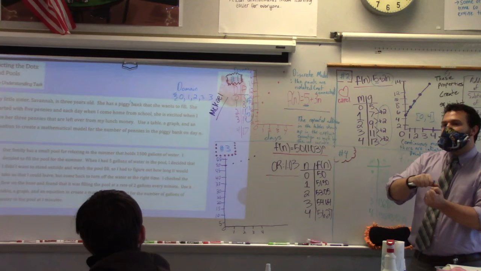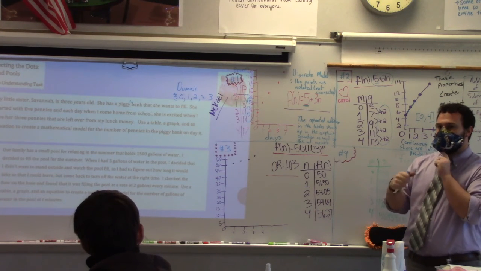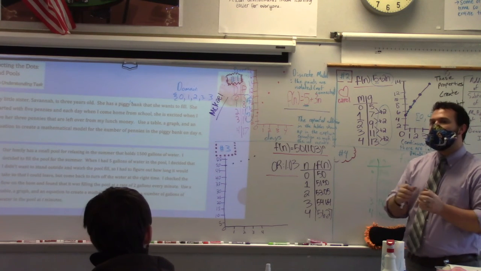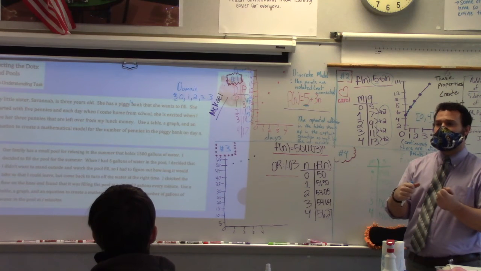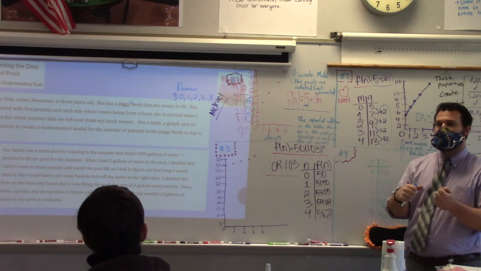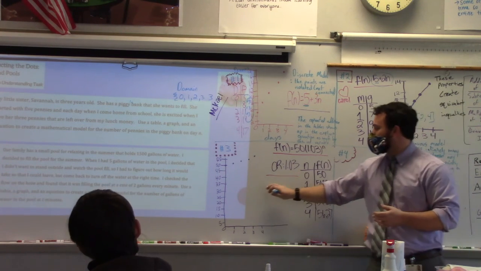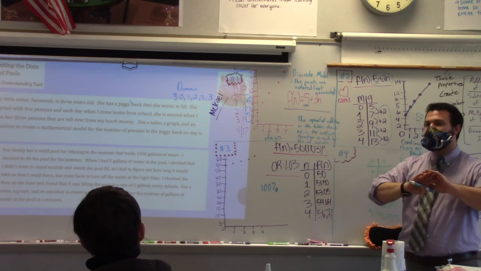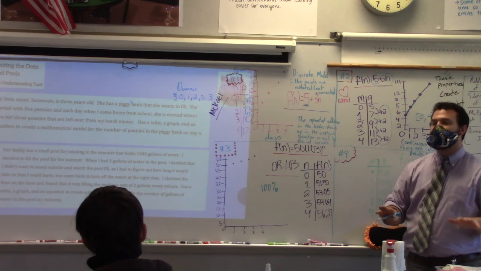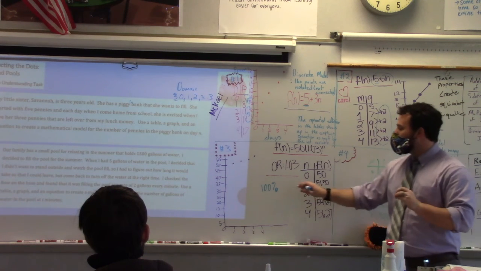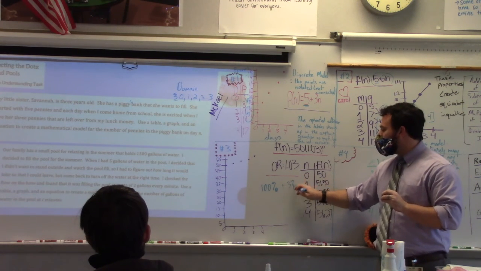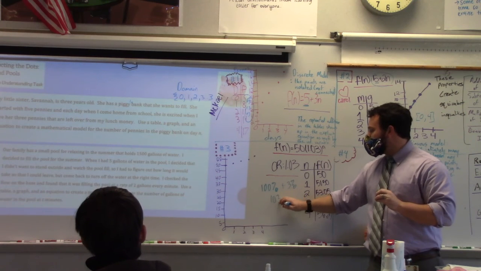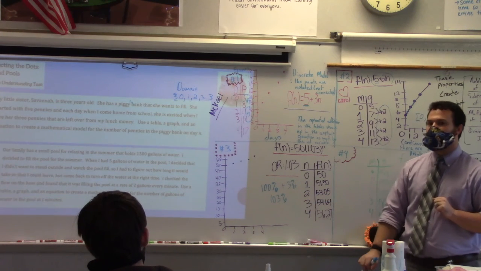If the money is increasing by 3% every month, what percent do you already start off with? 100. You always start off with 100%. If you have anything dealing with percentages, you need to recognize you're starting with 100%. Then we're increasing that percentage by 3%, which gives us 103%.